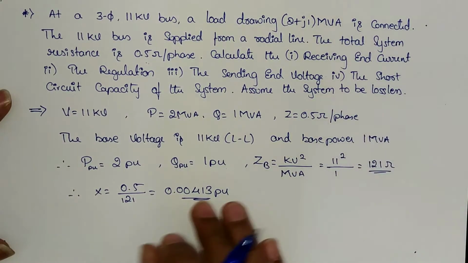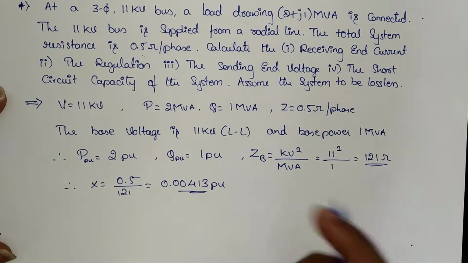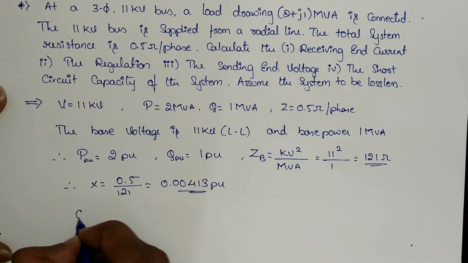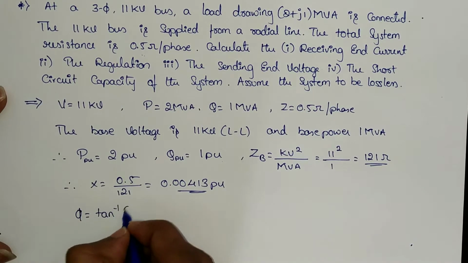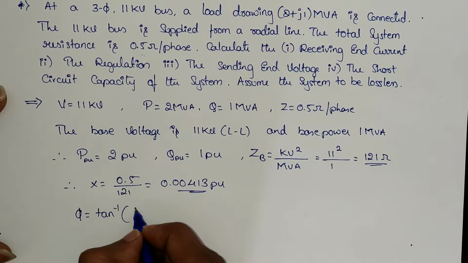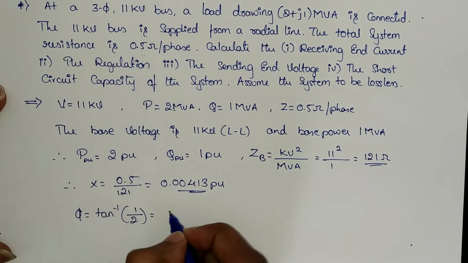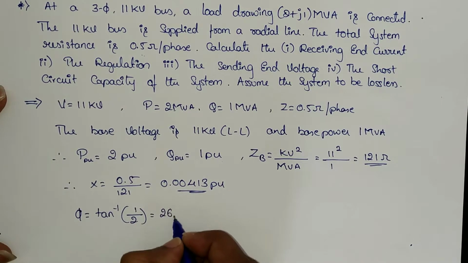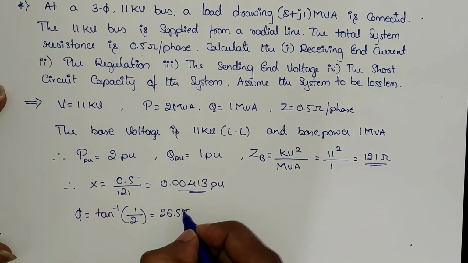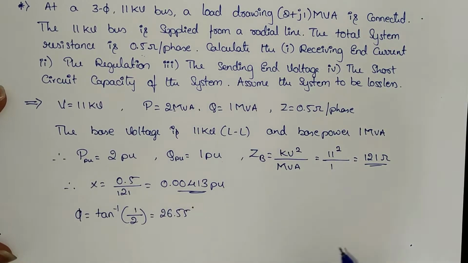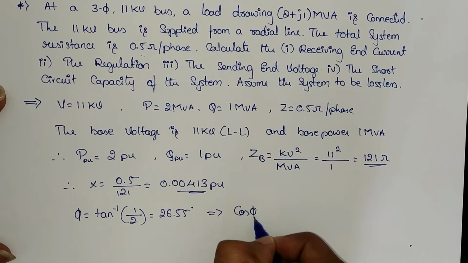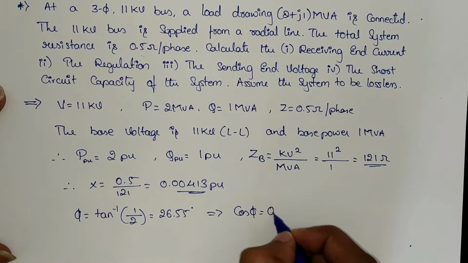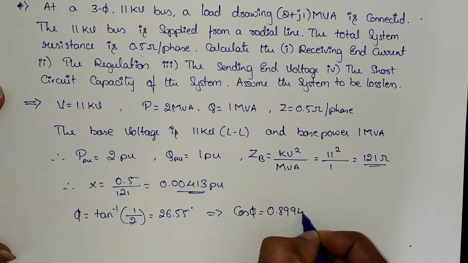Now, to calculate the angle, phi is equal to tan inverse of Q by P, 1 divided by 2, which is equal to 26.55 degree, which leads to cos phi is equal to 0.8994.